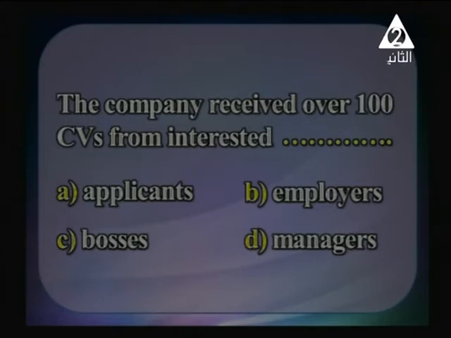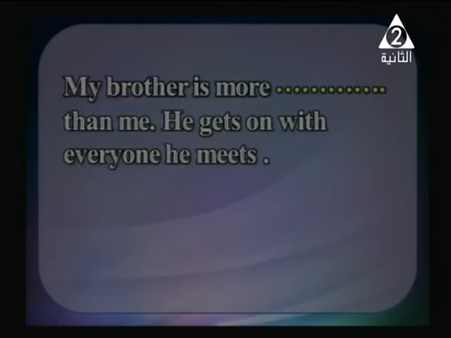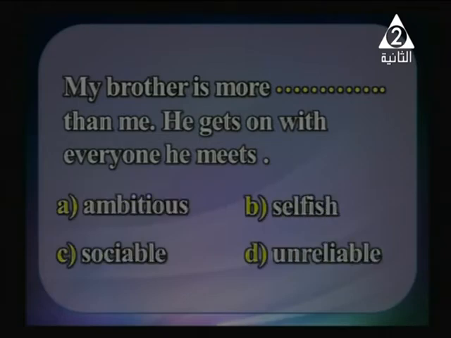The company received over 100 CVs from interested applicants, employers, bosses, managers. The right answer is applicants. My brother is more space than me. He gets on with everyone he meets. Ambitious, selfish, sociable, unreliable. Of course, it's more sociable.